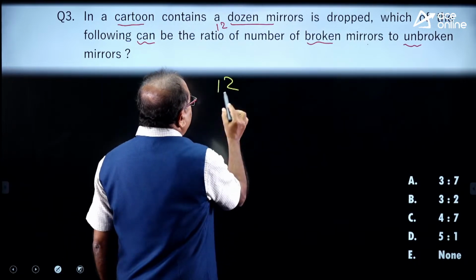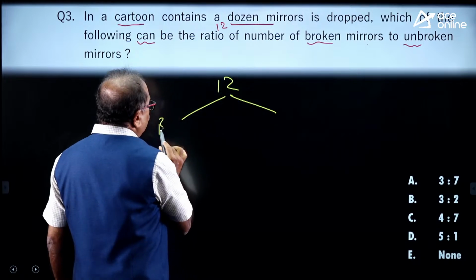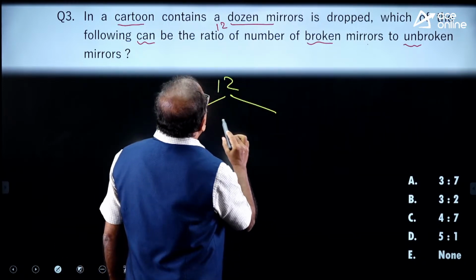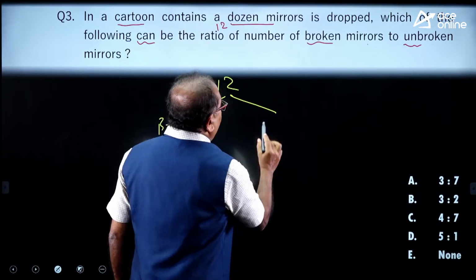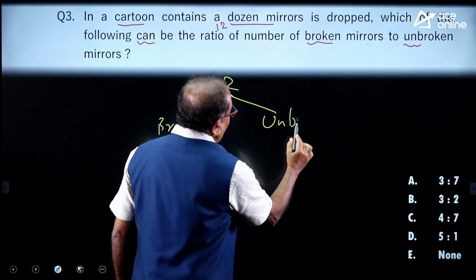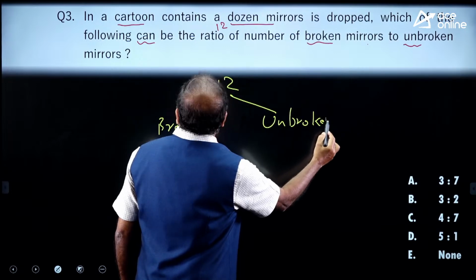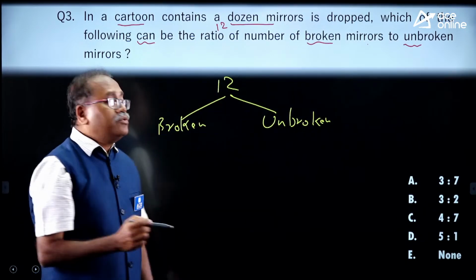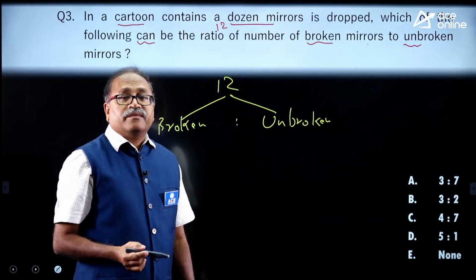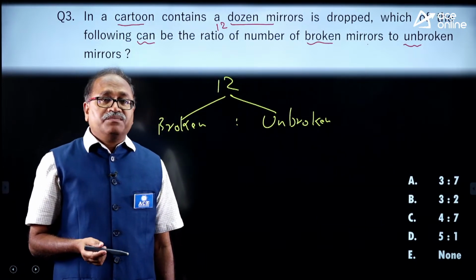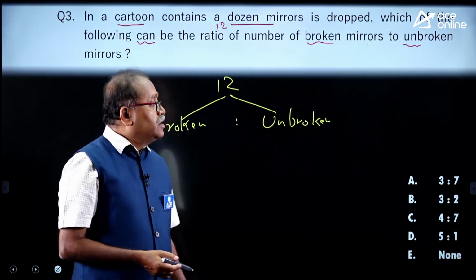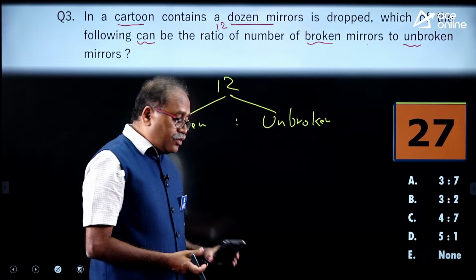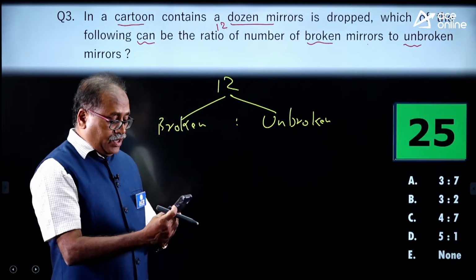There are 12 mirrors, and the number of broken and unbroken. Which of the following can be the ratio of the broken to unbroken? You know, it's a very simple question, hardly 4 seconds. So your time starts now.